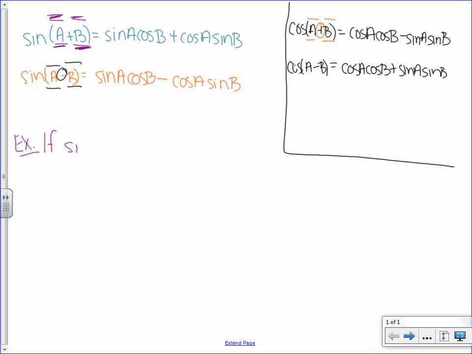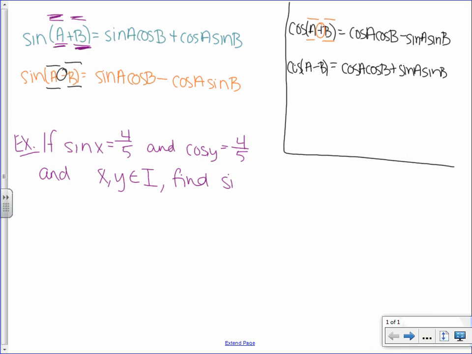If the sine of x is equal to 4/5 and the cosine of y is equal to 4/5, and angles x and y are in quadrant 1, let's find the sine of x plus y.